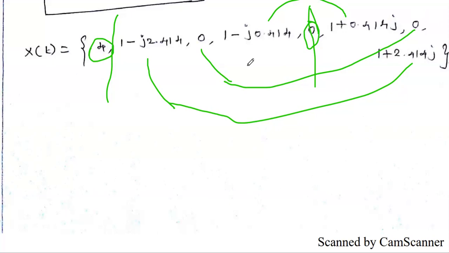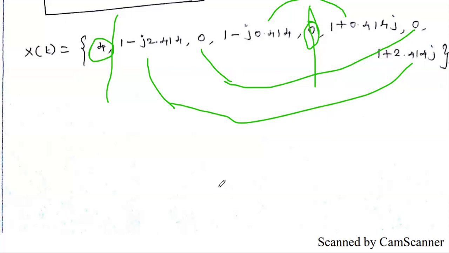If it is 7 samples, you have to find the center value. The center value is unique. Except for the center value, the first two samples are complex conjugates, then the next two samples are complex conjugates, then the next two samples are complex conjugates. In a similar way, you have to verify whether our answer is correct or not.